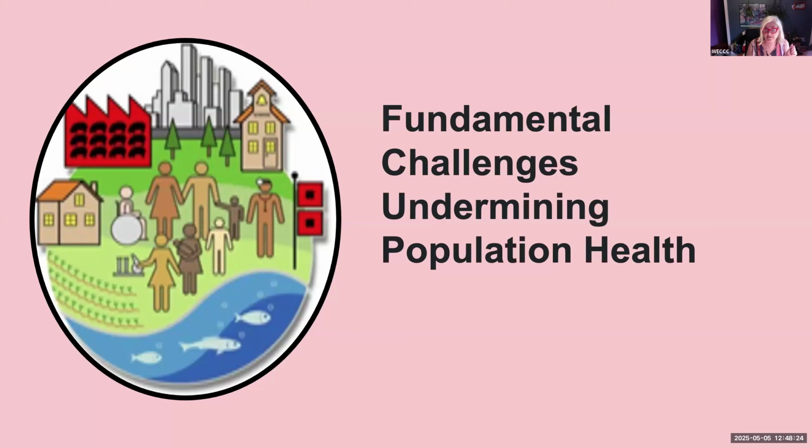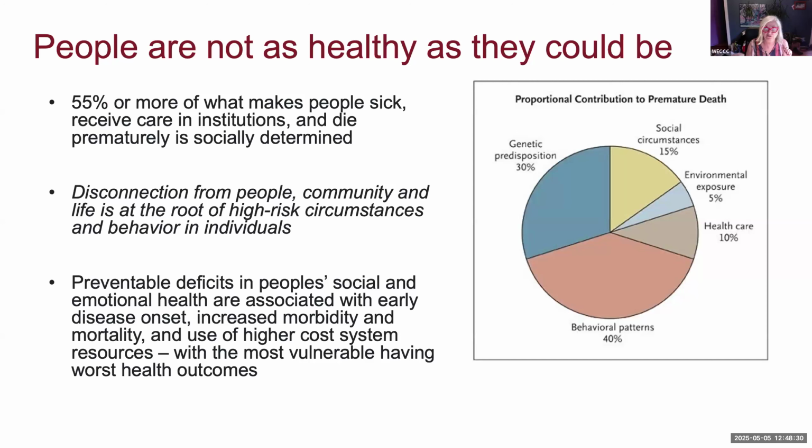Okay, so the fundamental challenges that are currently undermining population health and how we think the solution addresses them. Well, we all know this: people are not as healthy as they could be, and a good part of what drives those poor health outcomes, morbidity, mortality, premature death, are social and behavioral.